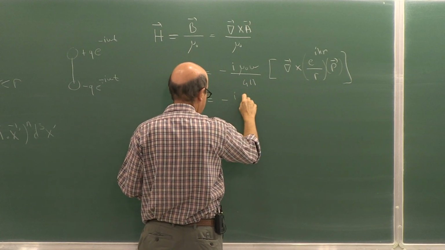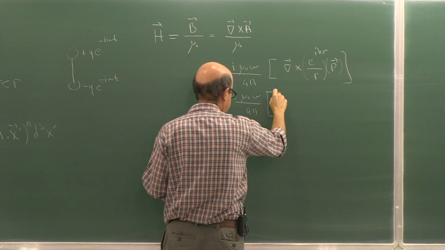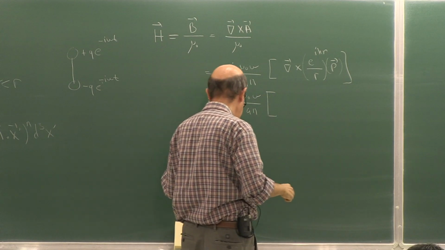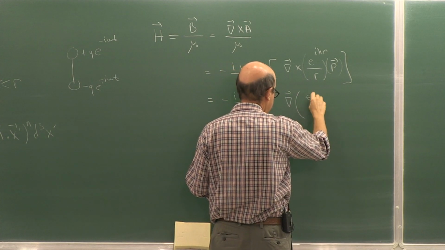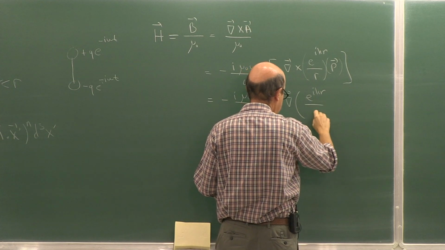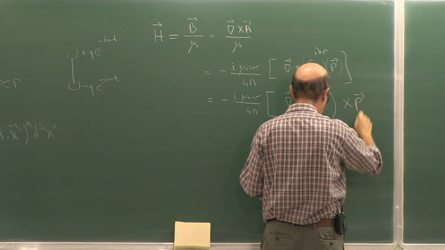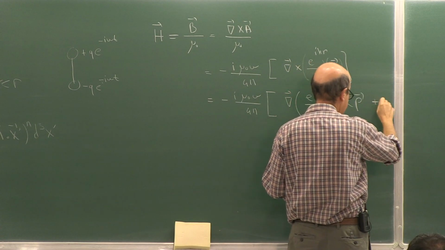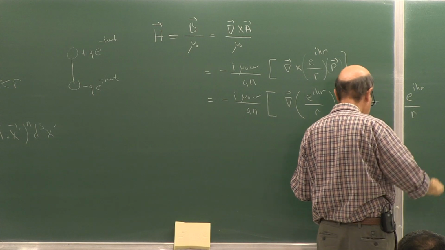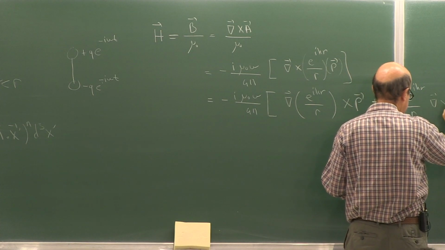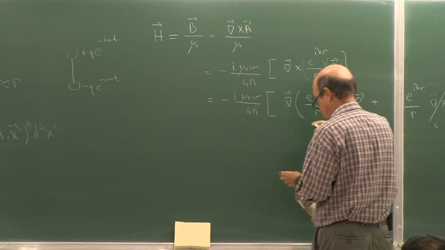minus i mu 0 omega over 4 pi, gradient of the scalar function, gradient of e to the i k r over r, cross product electric dipole moment, plus e to the i k r over r, the scalar function, times the curl of p. p is a constant, therefore this term will be 0.